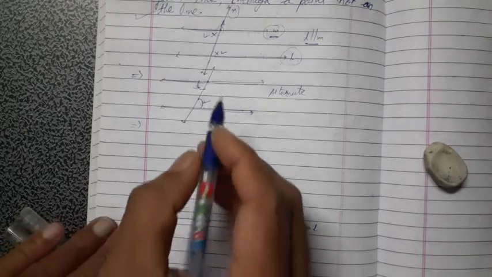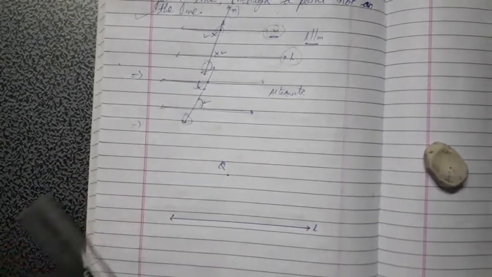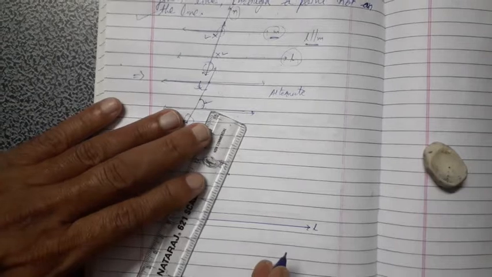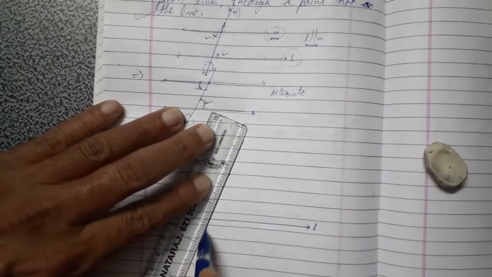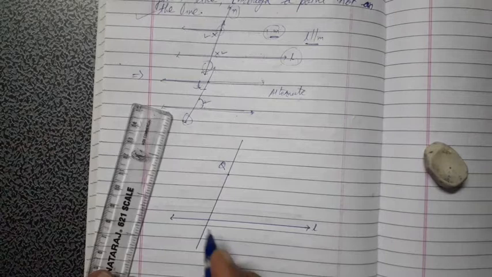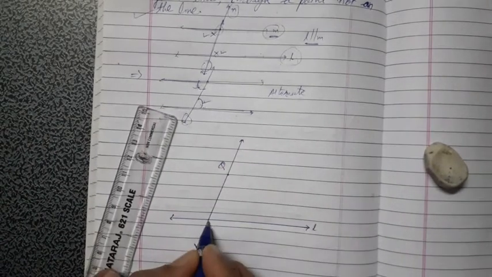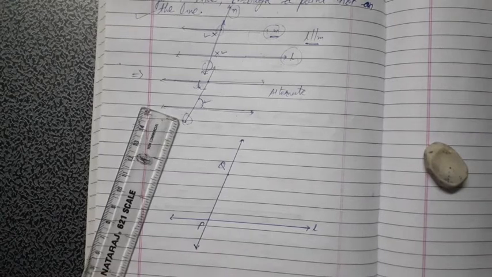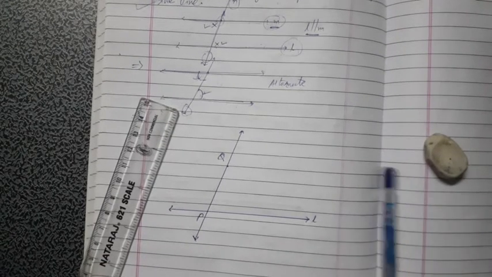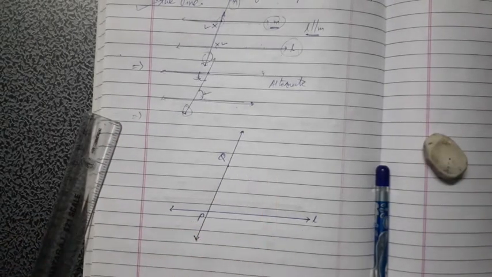First we draw a transversal. Draw a line passing through Q which crosses our given line L. The intersecting point, suppose that is P. Now draw same angles from P and Q.